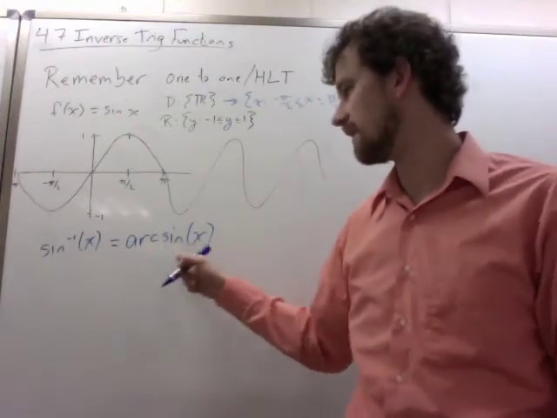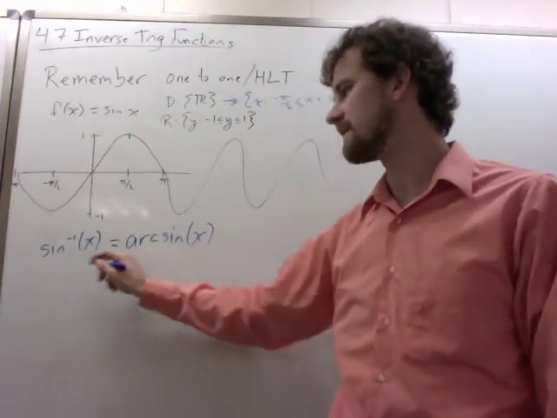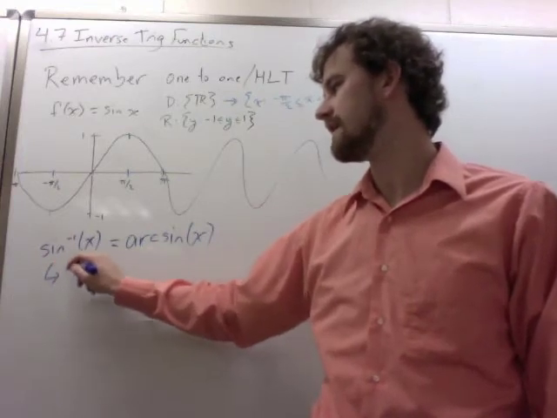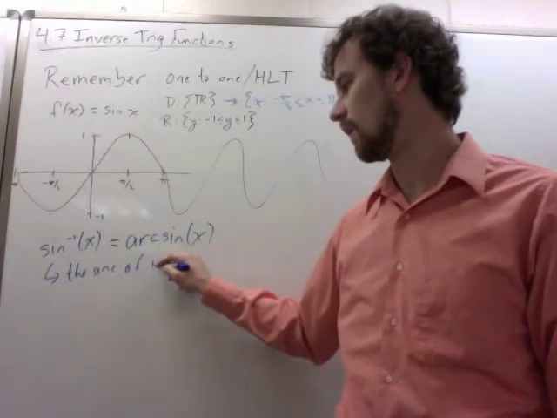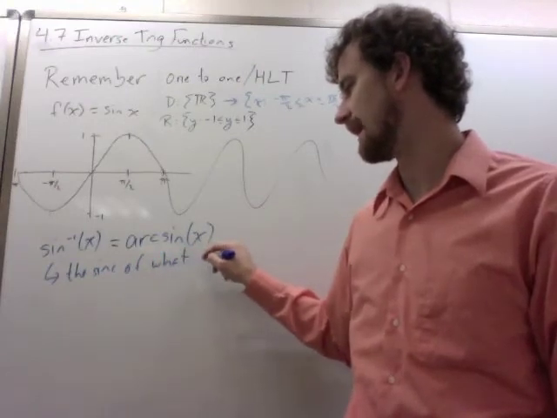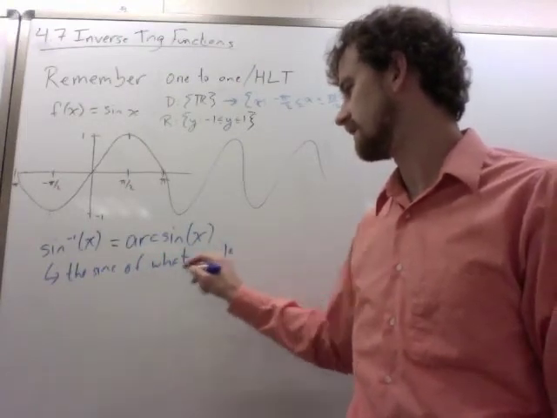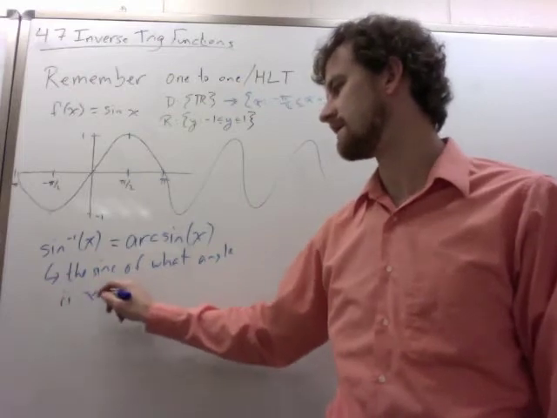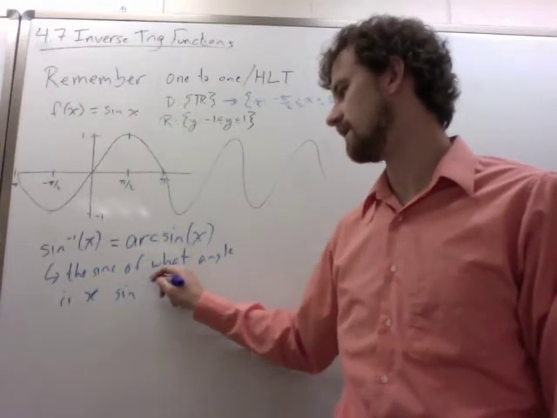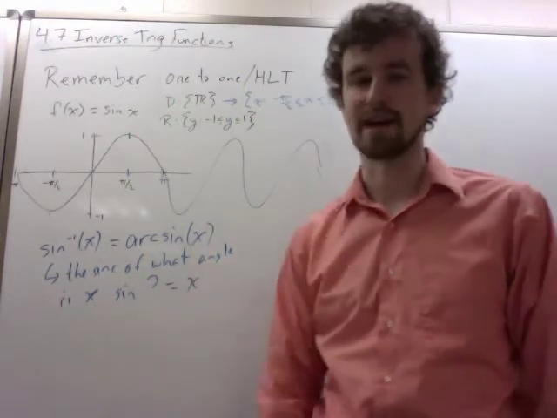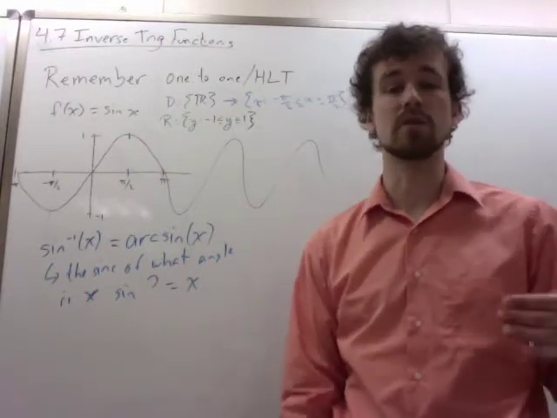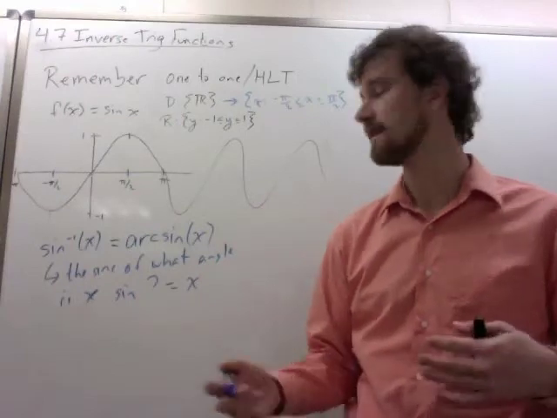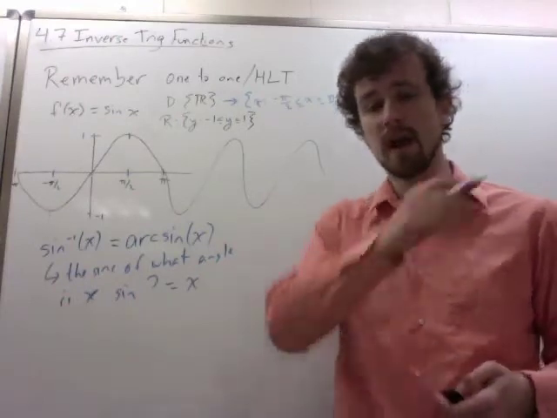So if we want to evaluate arc sine of x, we're looking at the sine of what angle is x. So we're looking at sine of what gets us x. Just like when we took, say, log base 2 of x, we were saying 2 to what power gets you x. This inverse works in the same way.